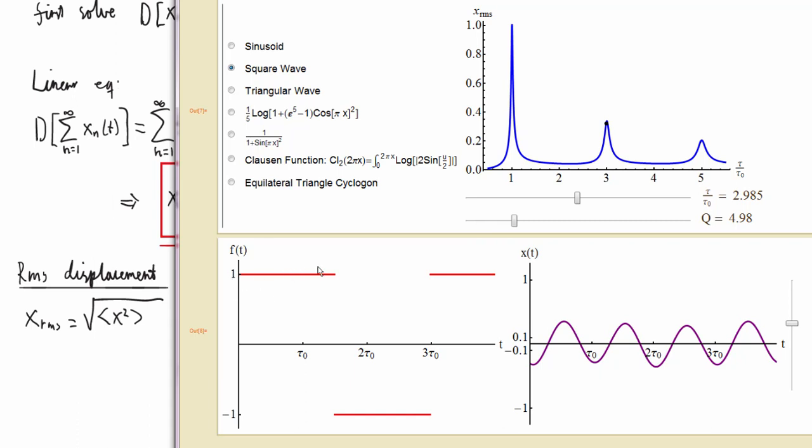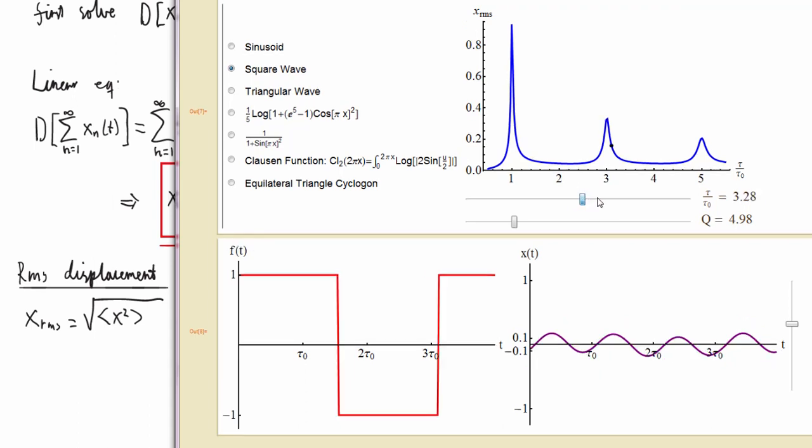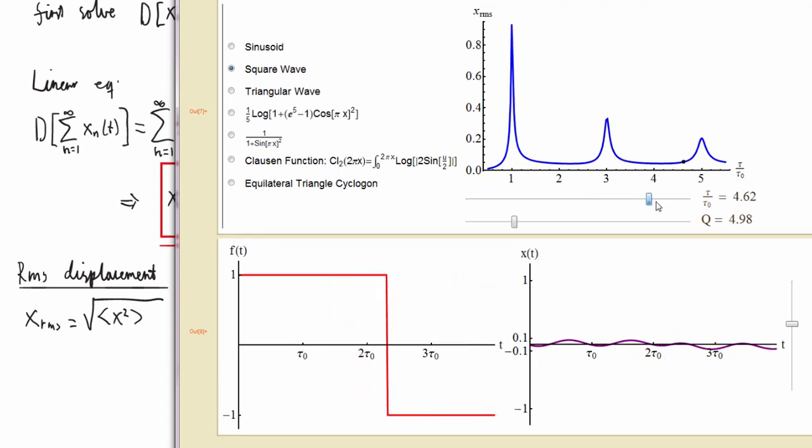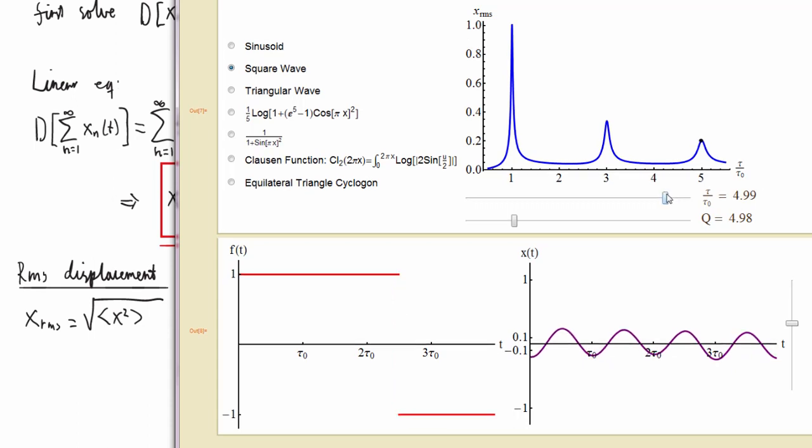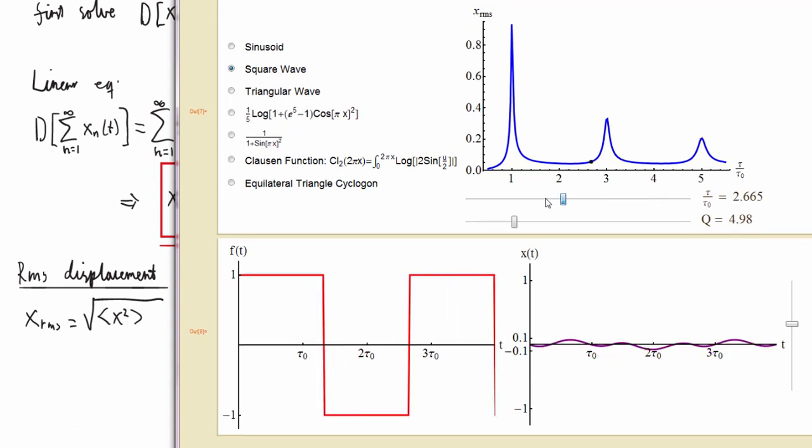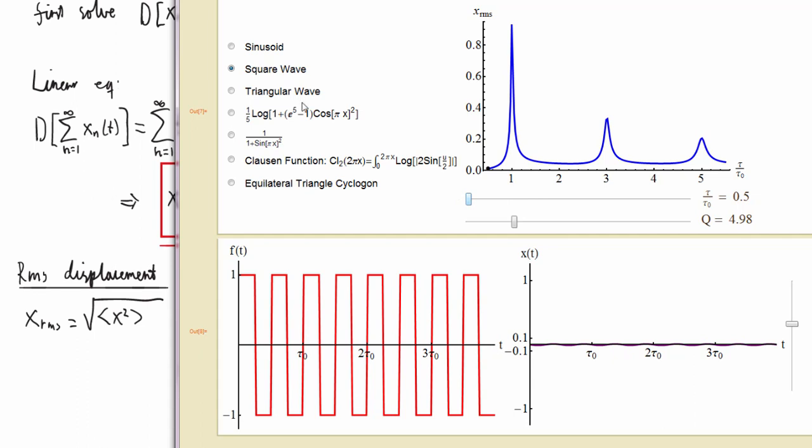So what's happening here is that the third harmonic of this square wave is exciting the oscillator at a higher frequency. And we can keep going until we go to the 5th harmonic, which is the 4th overtone, and again we get the same frequency excited, and in between we have relatively little excitation.